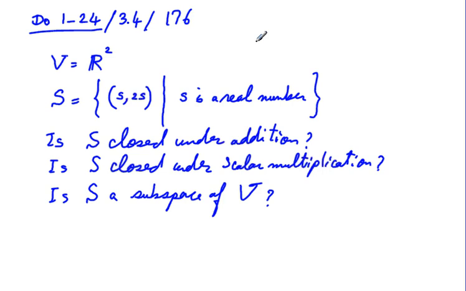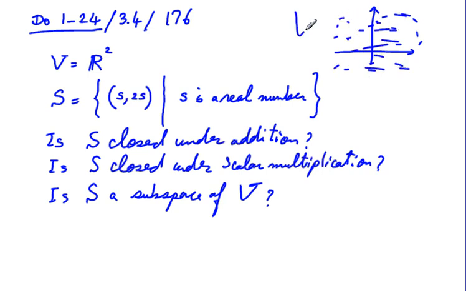So who is this? This is like a grandfather set, the set of all points you have. This is your original V. On that set, you are picking points whose coordinates look like this: S and 2S.